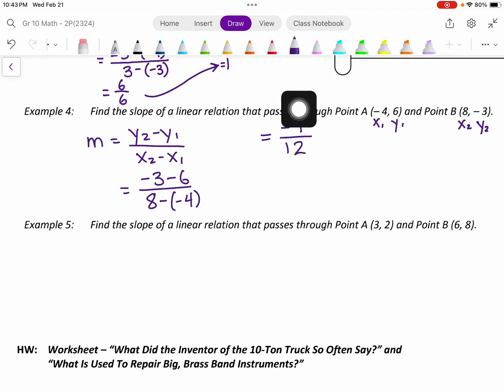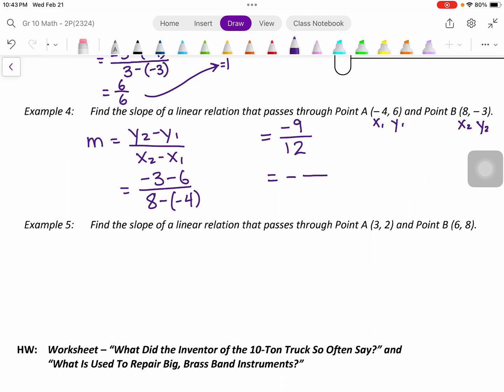Now, it doesn't matter if you have a negative here or here. If you made this point 2 and this point 1, you'd have 9 over negative 12. What we're going to do is we're just going to put our negative there in the middle. So it's not going to be attached to either number, just the whole fraction. So we have a negative fraction here.